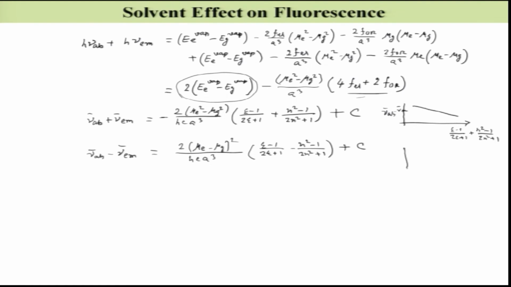In this case, if I plot nu bar absorption plus nu bar emission versus (epsilon minus 1) by (2 epsilon plus 1) minus (n square minus 1) by (2 n square plus 1), then I will get a straight line with a positive slope.